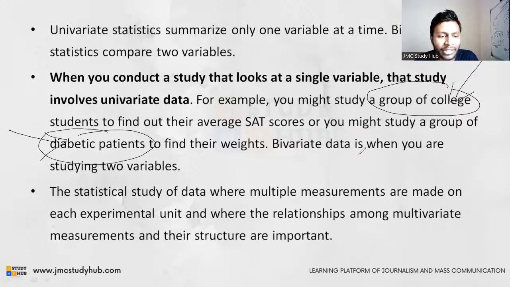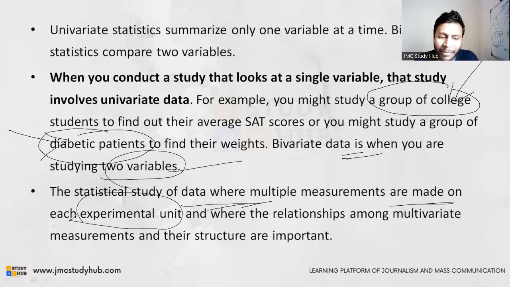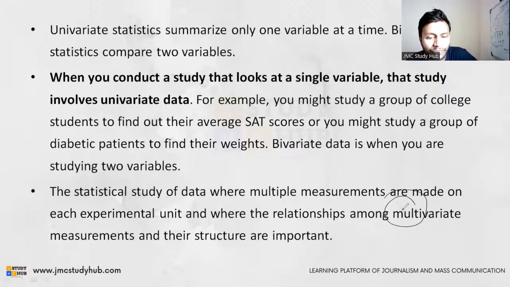Bivariate, it is when you are studying on the two variables, that is bivariate. Okay, so multivariate is the statistical study of data where multiple measurements are made on each experimental unit, where the relationship among the multivariate measurements and structures are important, right? So multivariate में थोड़ा हमारा क्या हो जाता है, that is more than two variables when you are analyzing, whether you are finding the relationship, the associations, or the significance, right? कितना significant है दोनों variables के बीच में, right?